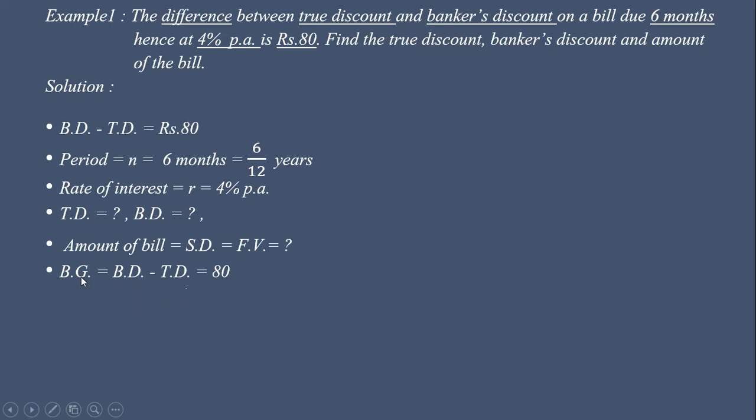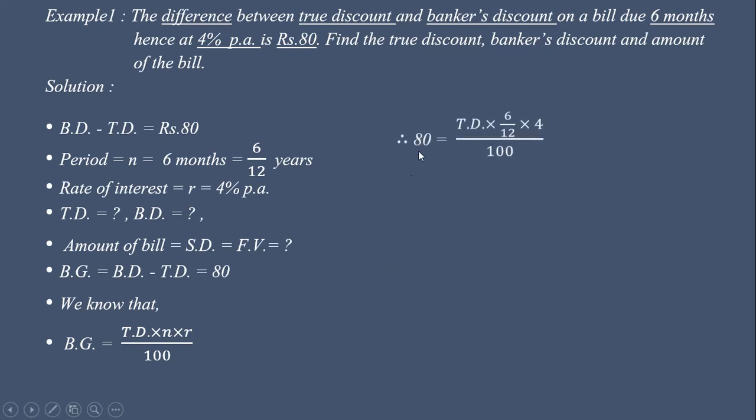So we have to express this banker's gain in terms of true discount. BG is equal to TD into N into R upon 100. We know that banker's gain is interest on true discount. We know banker's gain 80. We know N, the period is 6 upon 12, and R, the rate of interest. We substitute these values in this formula and we can find true discount.